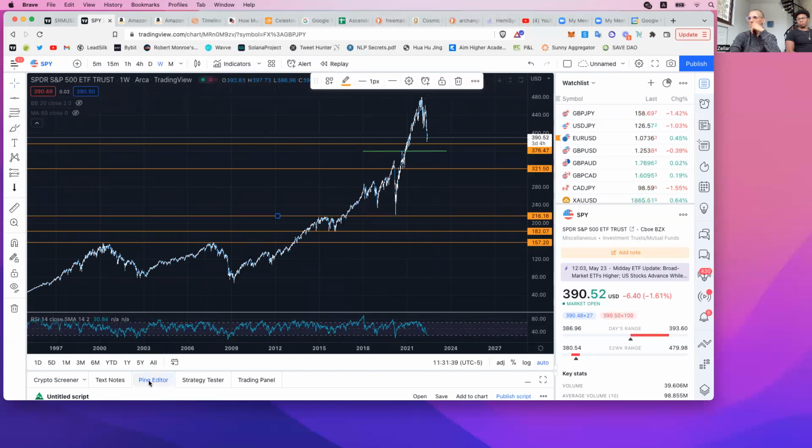Right here in 2015, we saw that as resistance. Then 2016 came up, and notice when we dipped in COVID 2020, the same area that was resistance in 2015 was where we bounced in 2020.